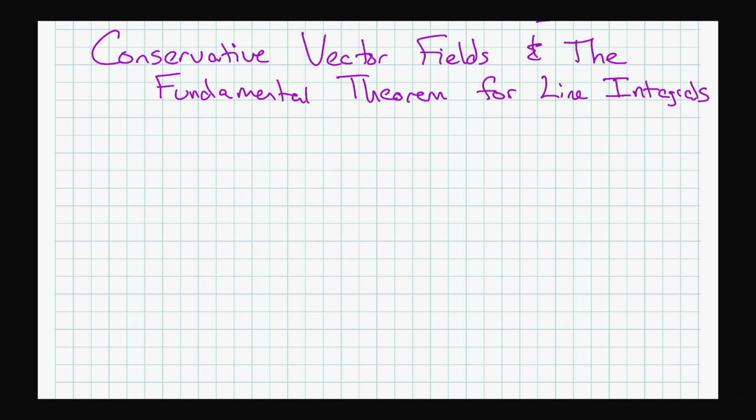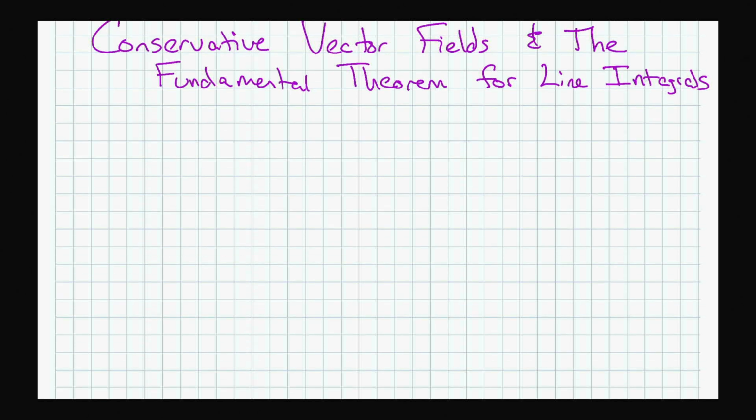Okay, so what is it? So first of all, what we want to do is we want to talk about what is a conservative vector field. Okay, so this is given to us before. I'm just going to remind you. So definition.